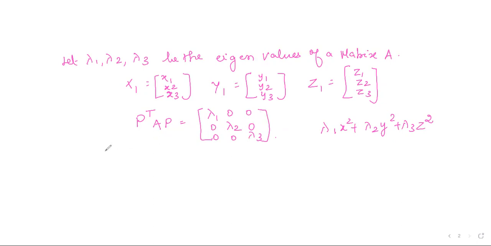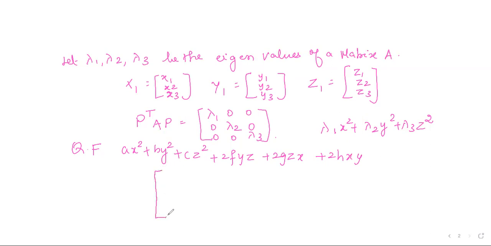Now let us see how to find the matrix corresponding to the quadratic form. So the quadratic form is ax square plus by square plus cz square plus 2fyz plus 2gzx plus 2hxy. First of all, we have to convert this quadratic form into matrix form.